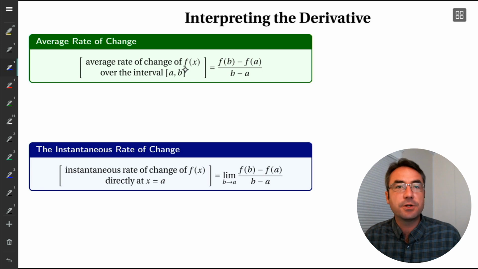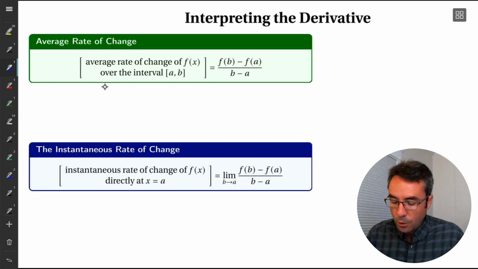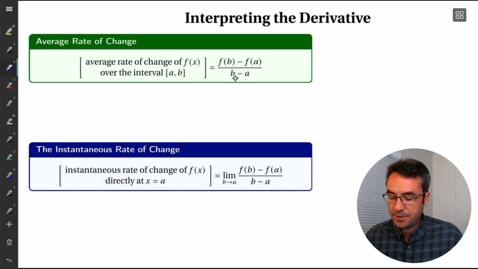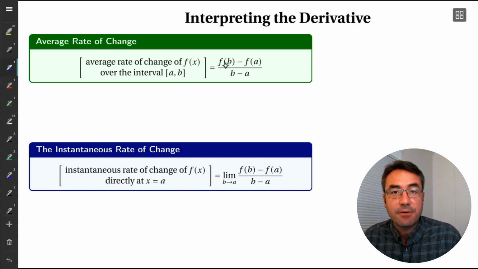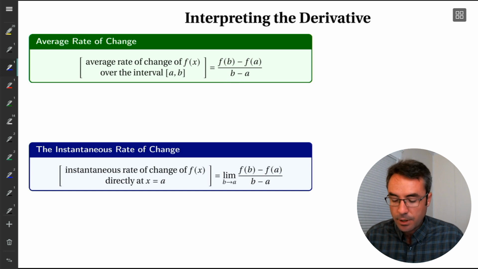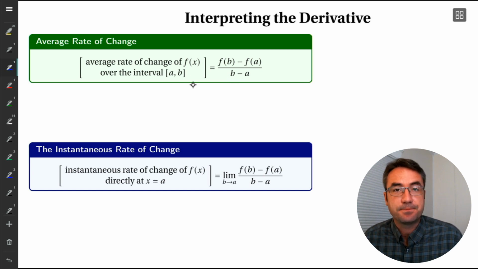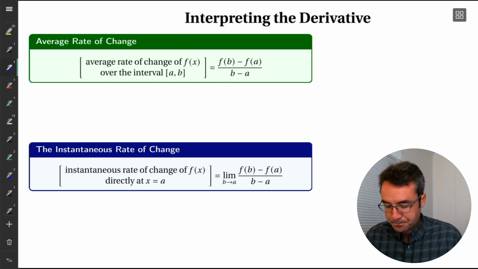But for a general function f, what does the difference quotient represent? Well, we're going to call it the average rate of change of our function over the interval from a to b. So this difference quotient, f of b minus f of a over b minus a, is our average rate of change over that interval ab.